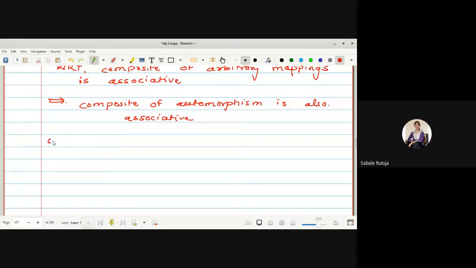Okay, now the third one, existence of identity.